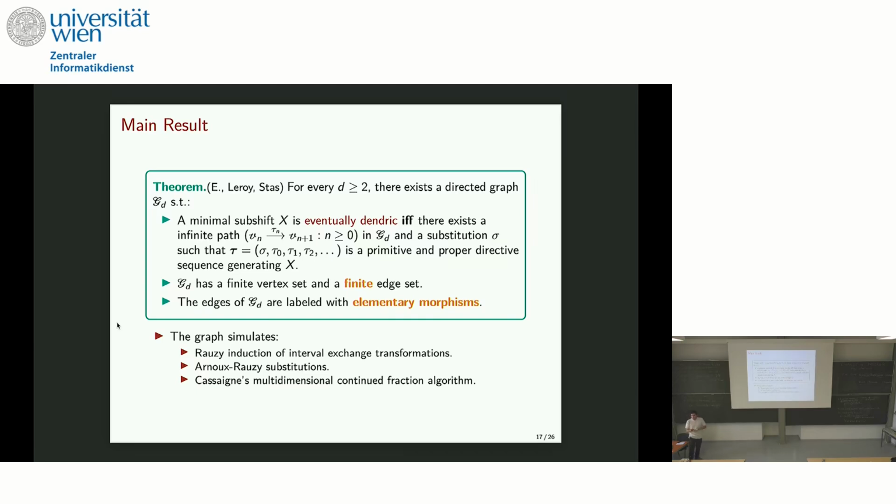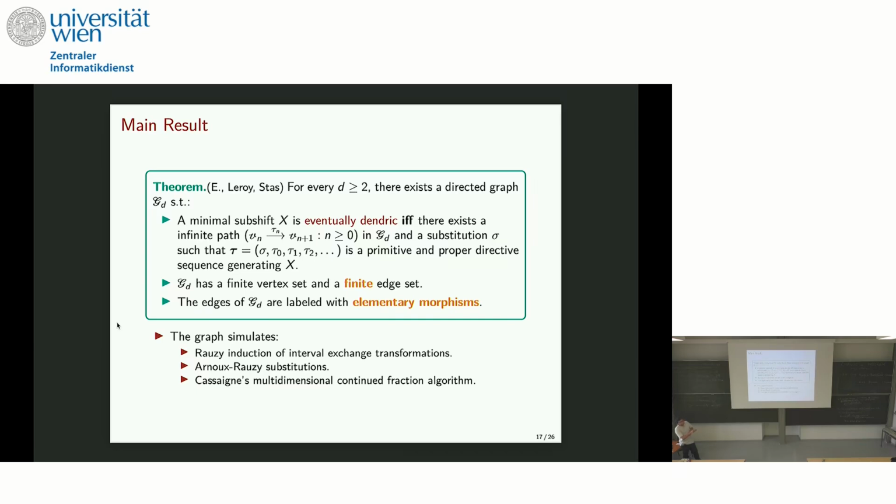This is the first difference: now we're characterizing eventual Dendricity. A subshift is eventually Dendric if and only if we can find a path in the graph and an arbitrary substitution sigma, defined on this alphabet, such that the directive sequence, with this arbitrary substitution at the beginning and then the path that we read from the graph, generates X.